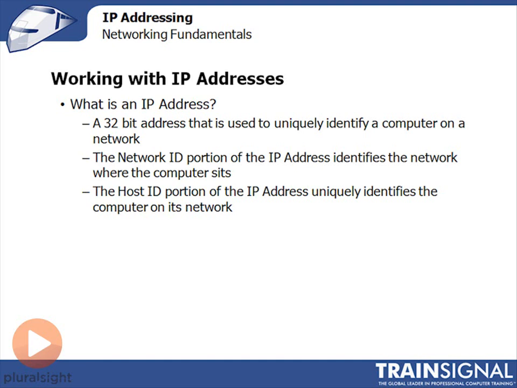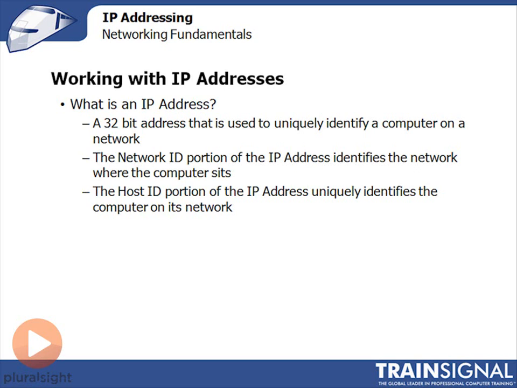Well, when we want to break it down to the technical aspect, it's a 32-bit address that is used to uniquely identify a computer on a network. Now, the first thing I want to point out is that I said it's a 32-bit address. This is getting a little ahead of myself because I mentioned that we are going to have the math lesson where we talk about binary numbers.